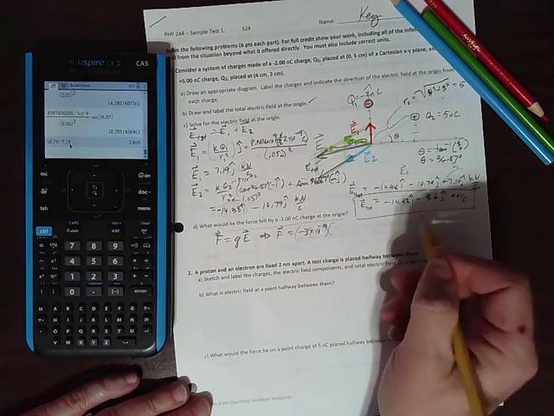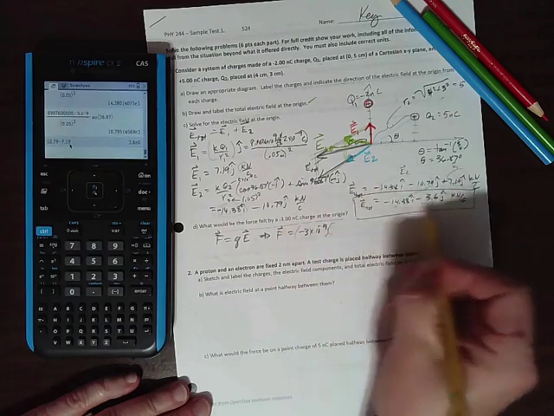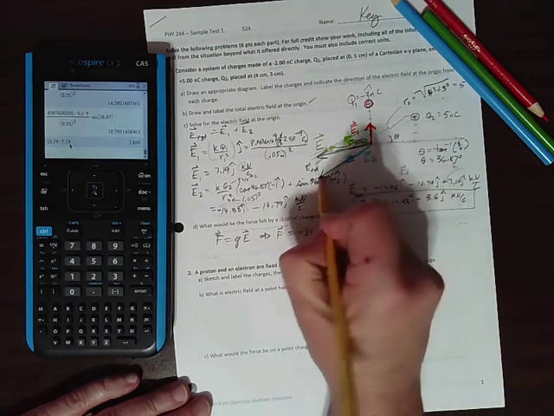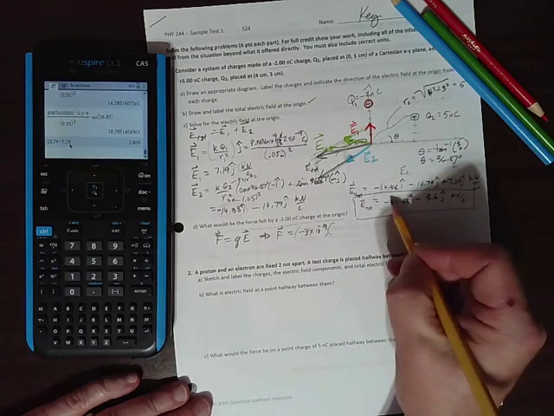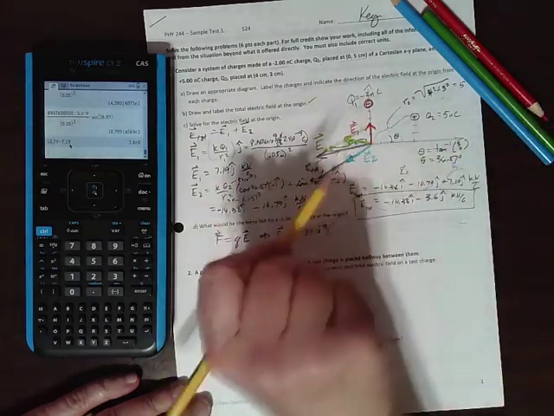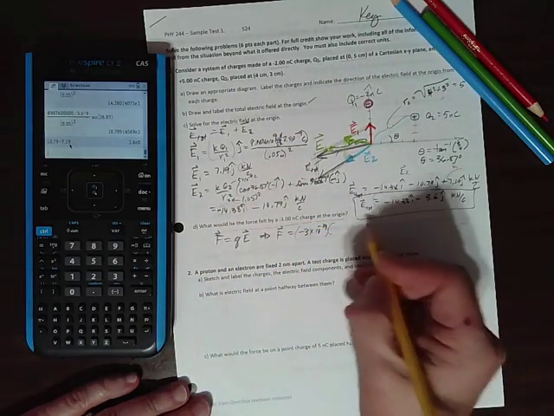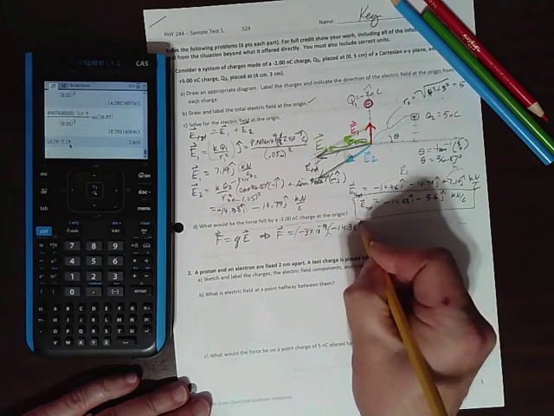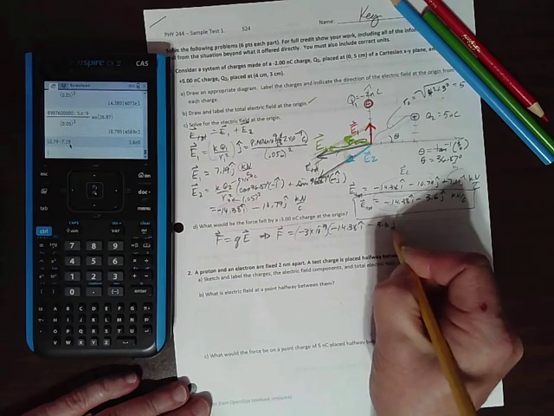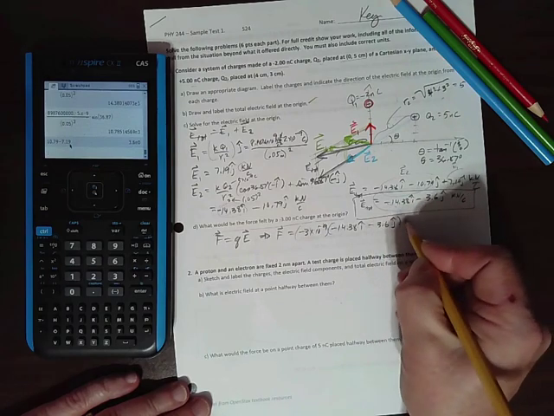And so then the force, basically the negative is going to say that the force is going to be opposite direction of E total, and so with the two negatives here, everything's going to be positive, so the force vector is going to have positive components, so that'll be fine. Negative 14.38 i hat minus 3.6 j hat kilonewtons.